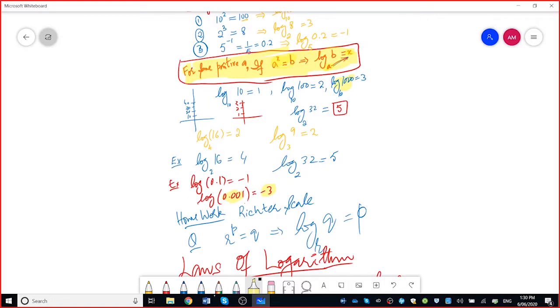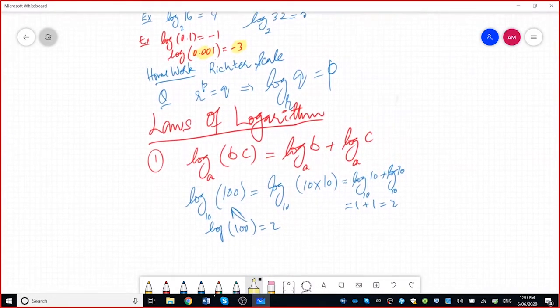So therefore, you have your so-called cheat sheet ready. Yeah, you have written that.